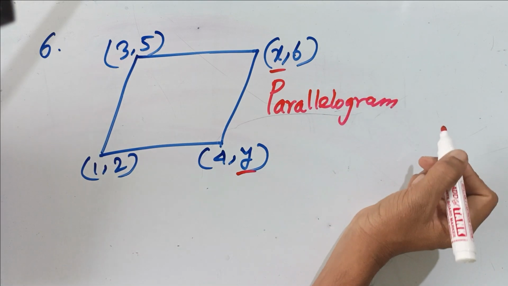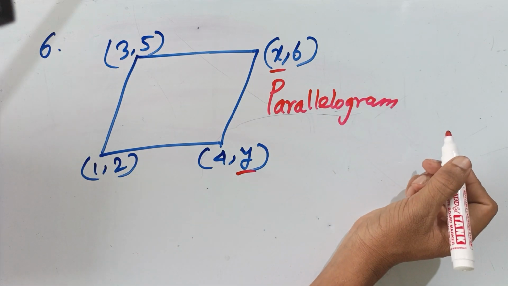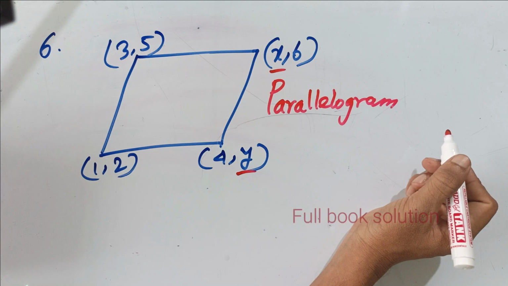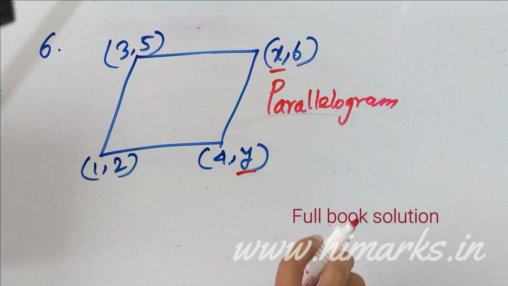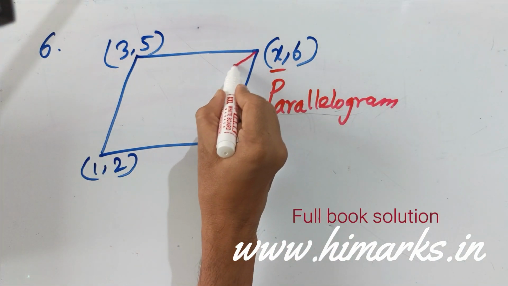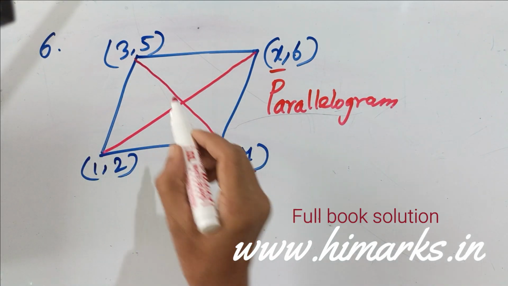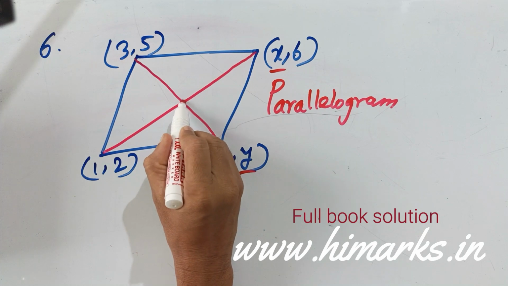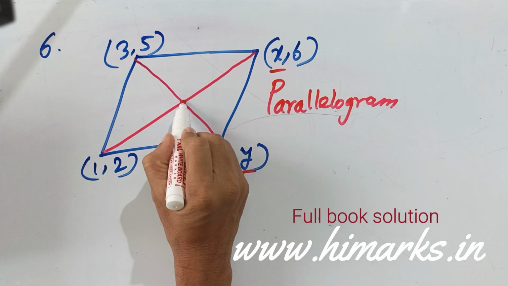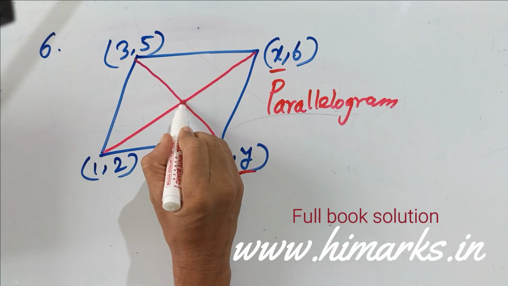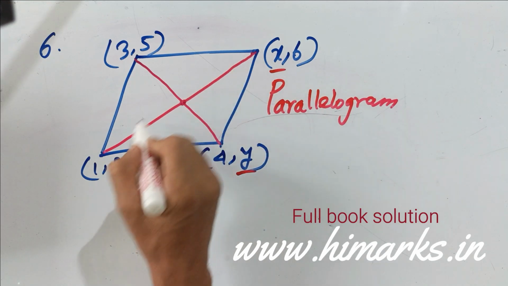A parallelogram has one nice property: the two diagonals bisect each other. That means if this is the point where they intersect, this is the midpoint of this diagonal.